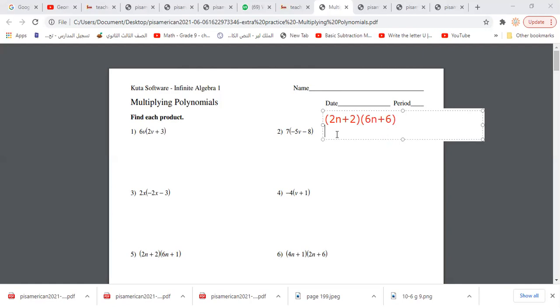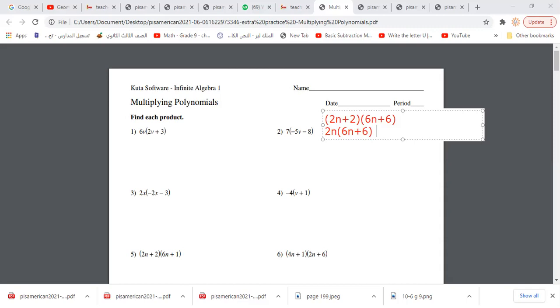We have two different methods, as I told you. We will start today with the normal method, in which we divide the first parentheses into two parts. How? You will write 2n, and then multiply all the next parentheses, which is 6n plus 6.